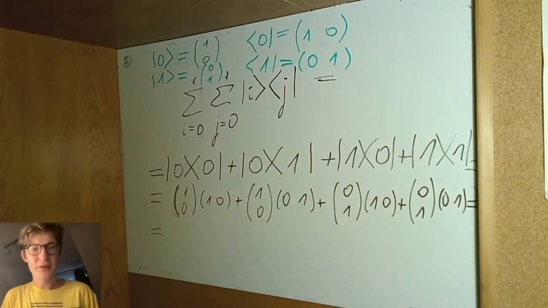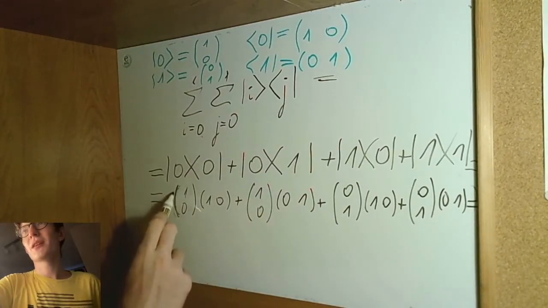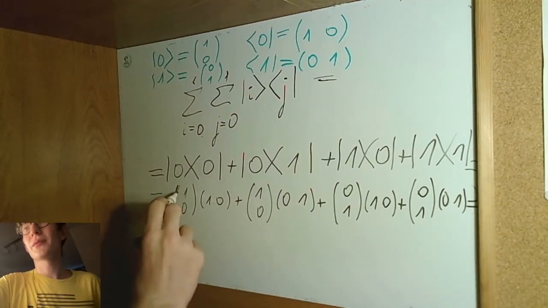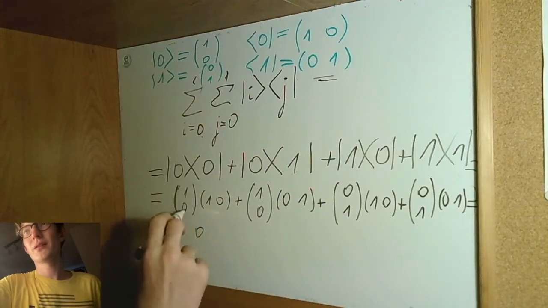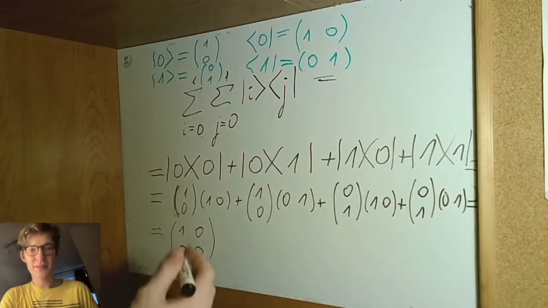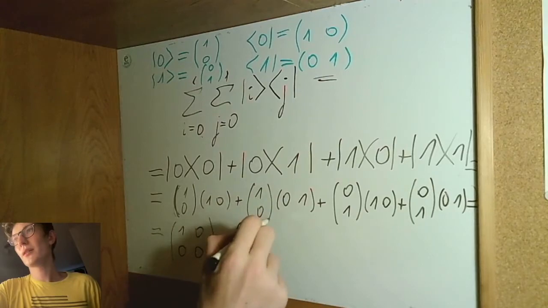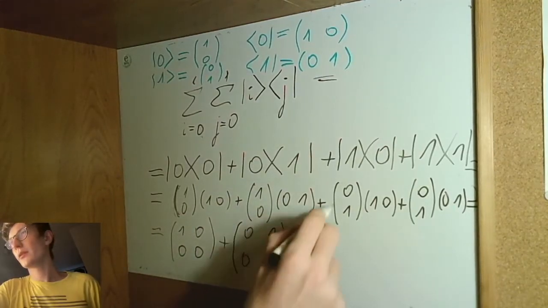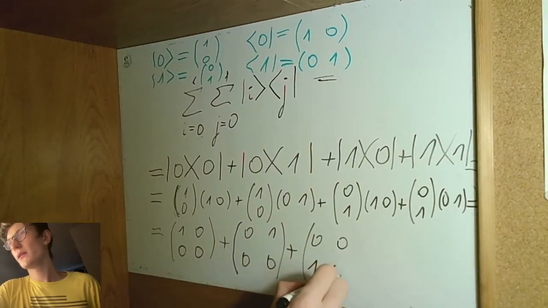And now we just need to do the multiplication. So we take a row and multiply it by columns. So a row is 1, and times 1 is 1, times 0 is 0, 0 times 1 is 0, times 0 is 0. We get our first operator, our first matrix, and the same here. 1 times 0 is 0, 1, 0, 0, and so on. 0 times 1 is 0, 0, 1, 0.